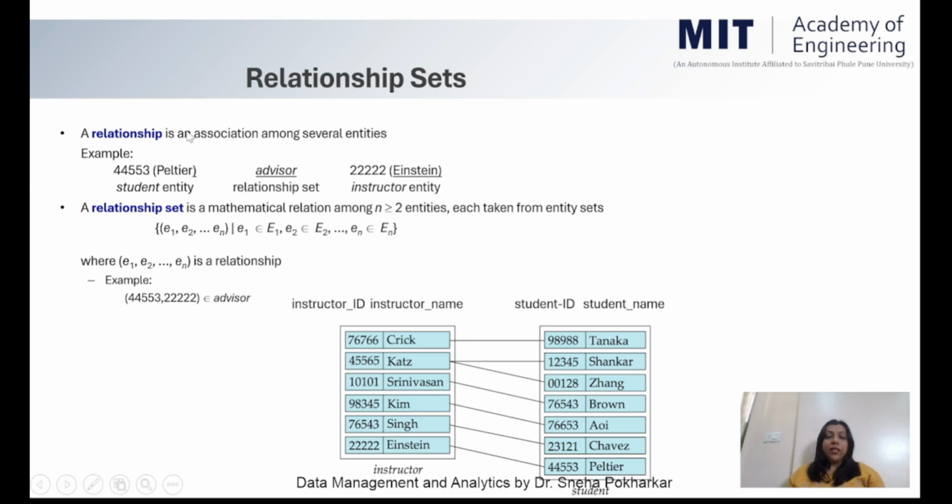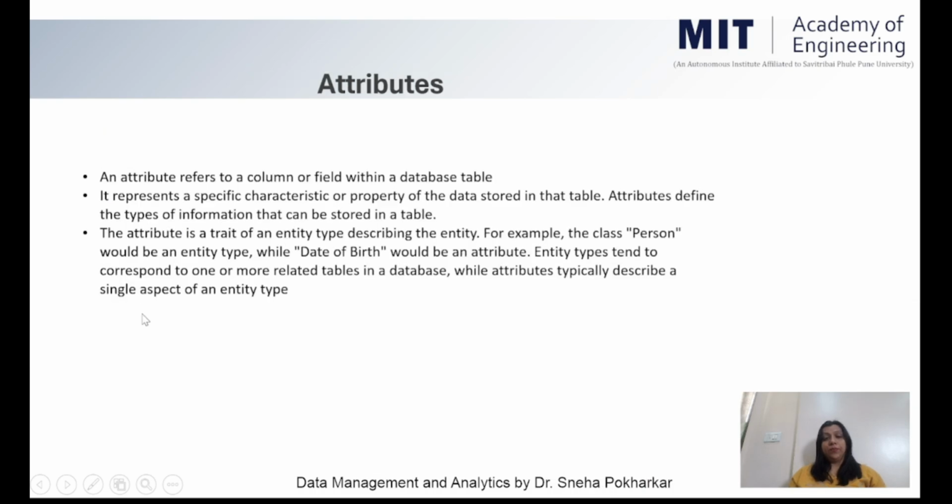So the entities and the relationship, where e1, e2, e3 are nothing but entities, and this relation is between these two entities. If you see, 44553 is Peltier and 22222 is Einstein. The relation between them is nothing but advisor. In this way, the relationship sets are developed.